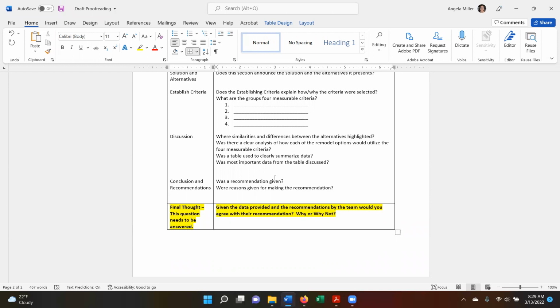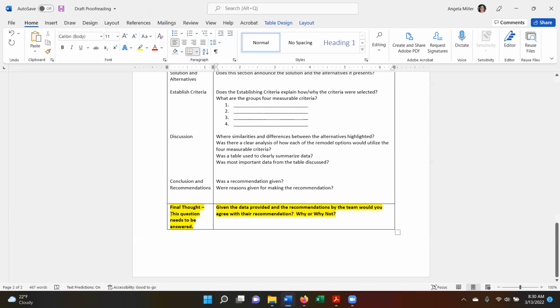Make sure that there is a clear analysis, that you can see why you might choose one over the other in each of the 4 measurable criteria. Was there some kind of visual that you were able to more clearly understand the data, or very quickly and visually understand the data? And in the conclusions and recommendations, was there a recommendation given, and did the reasons for that recommendation make sense? So those are all things that you're looking for.